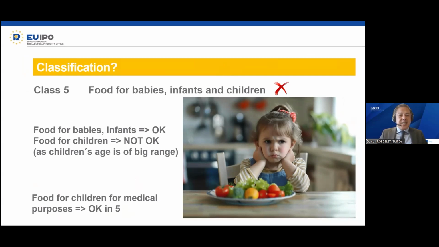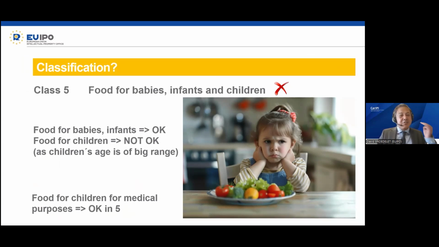The reason is that food for babies and food for infants may be clear. However, food for children is not okay, because the word children does not specify the age range of the children. Right?